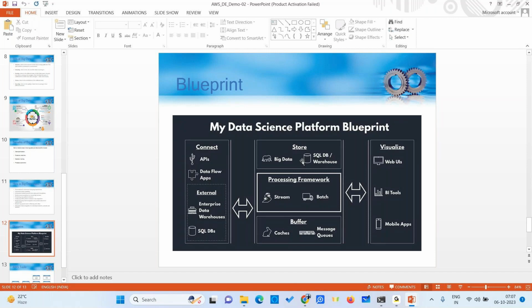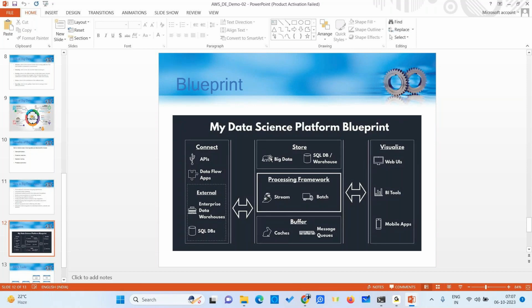In storage, we use different types of databases, like a relational database for transactional data. As I told you, when you go to banks and retail stores, those are all online transaction processing systems.